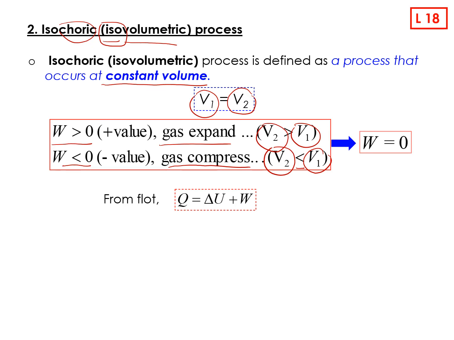From the first law of thermodynamics, Q, the heat, is equal to the change in internal energy plus work done. Since work done is equal to 0, delta U will be equal to the heat. Delta U is equal to Q.